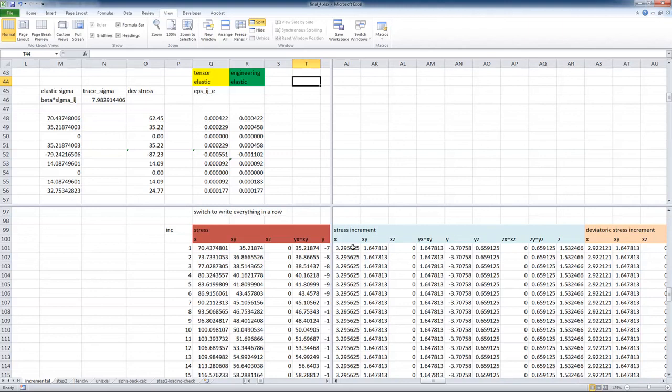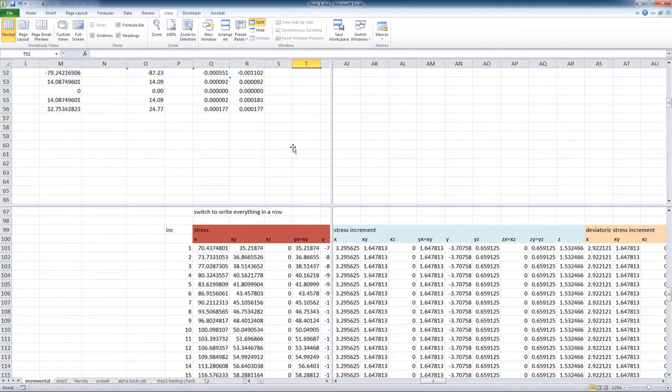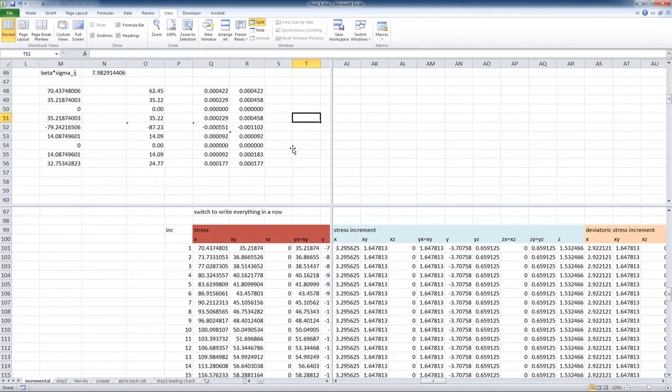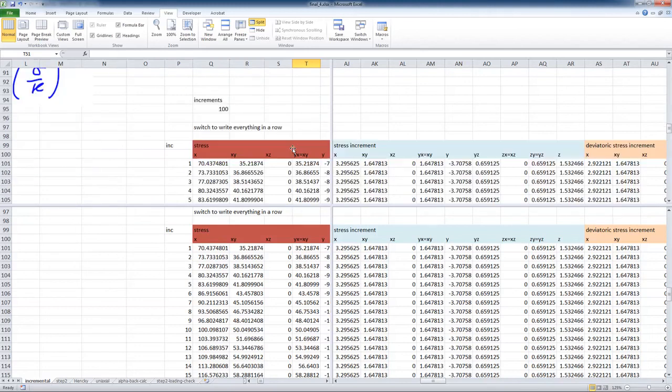Here is my stress that puts me on the yield surface. And what I really want though is the remaining stress.